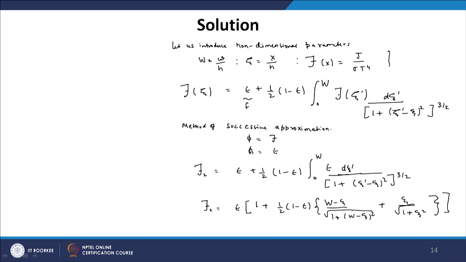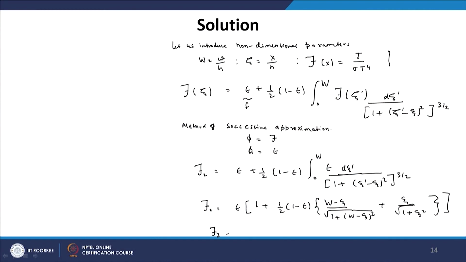Okay. Now, because of symmetry, the radiosity of the two plates will be similar. Now, we can integrate this for the third time, it is possible by putting the second iteration into the integral, but the integration becomes quite complicated. So, we will not evaluate phi 3, okay. We will just approximate the solution by this relation.